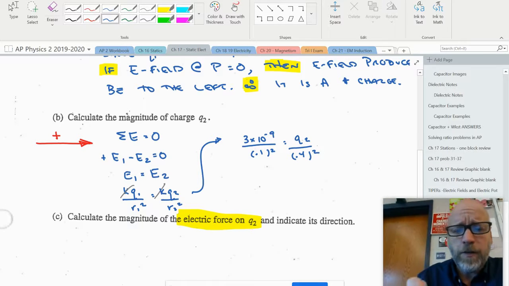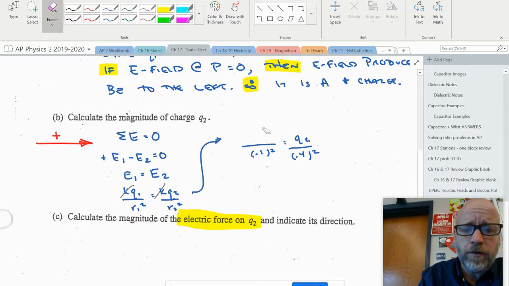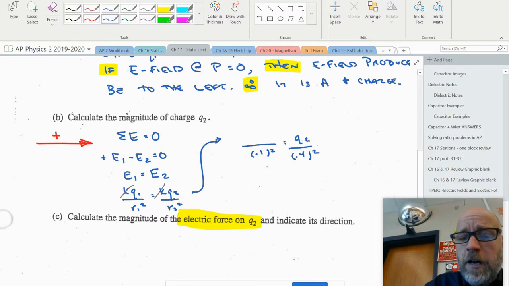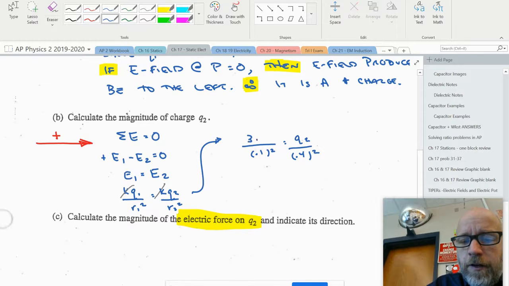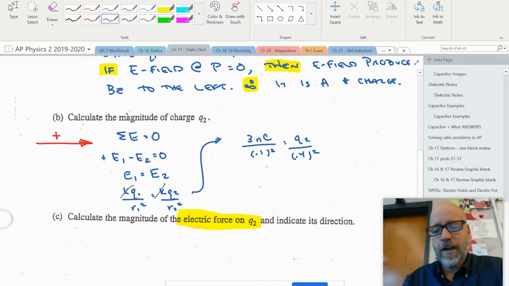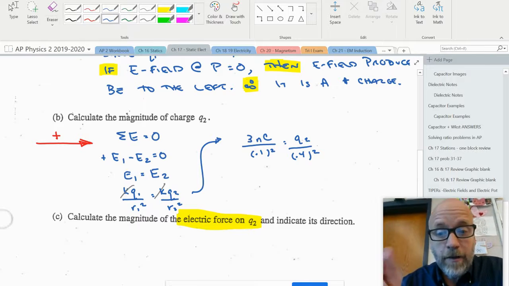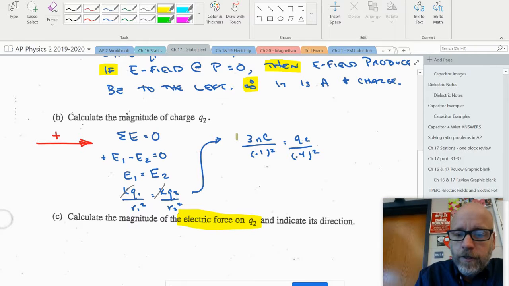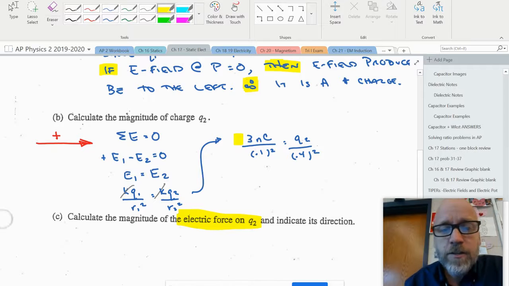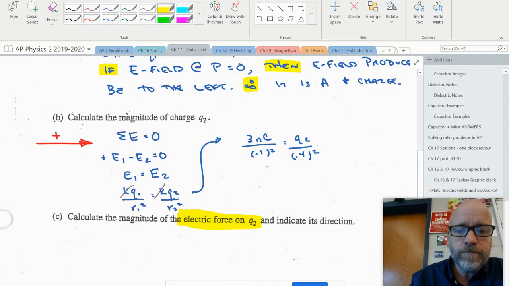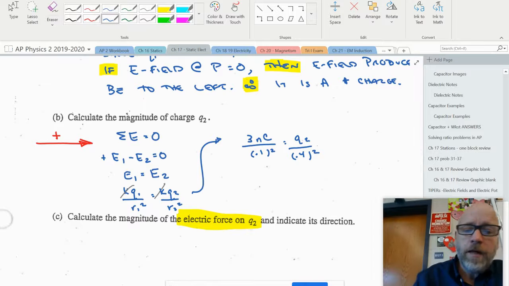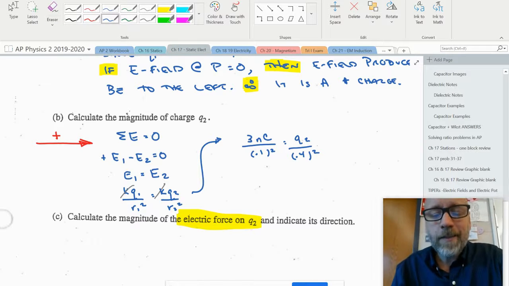Now, because I'm an experienced teacher and I hate dealing with all that scientific notation, I'm going to call that 3 nanocoulombs, and I'll just carry the nano through. Now, here's the tricky part. There is no negative sign there because the sign was given by the direction of the vector. Okay? At this point, it's just math.